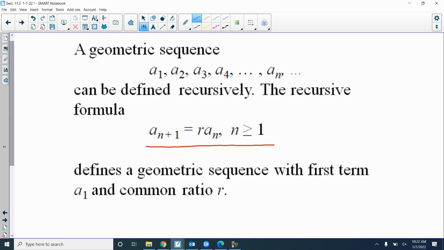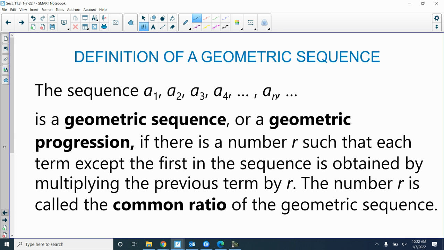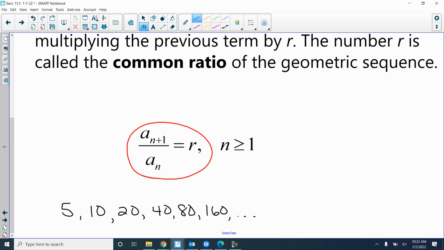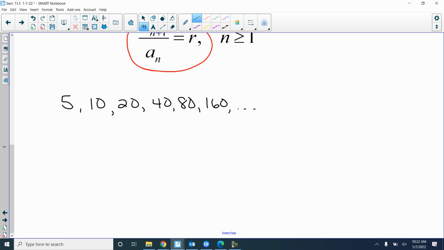Now, let me go backwards for a second to this right here. Here's your first term. First term, second, third, 20 is my third, fourth term, fifth term, sixth term. This is just 5. This is 5 times 2.